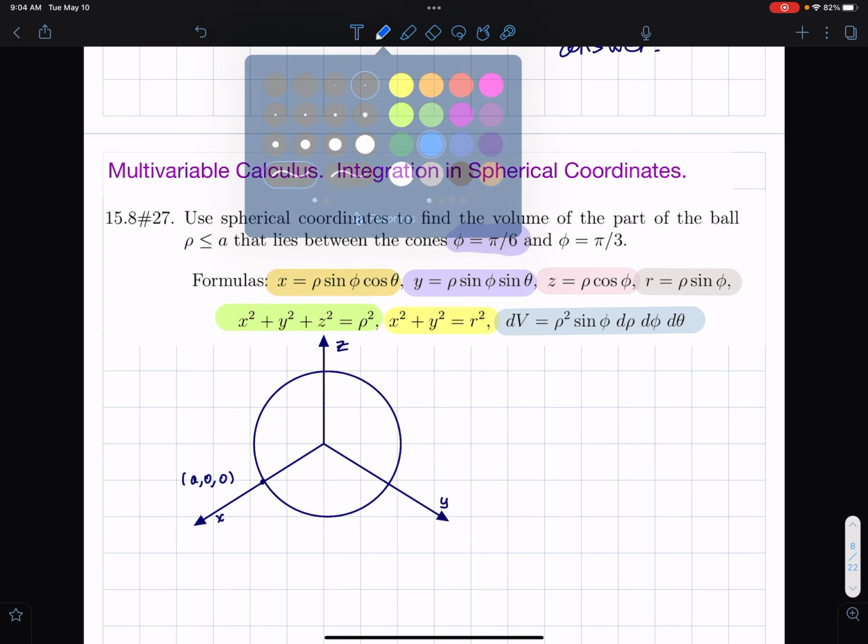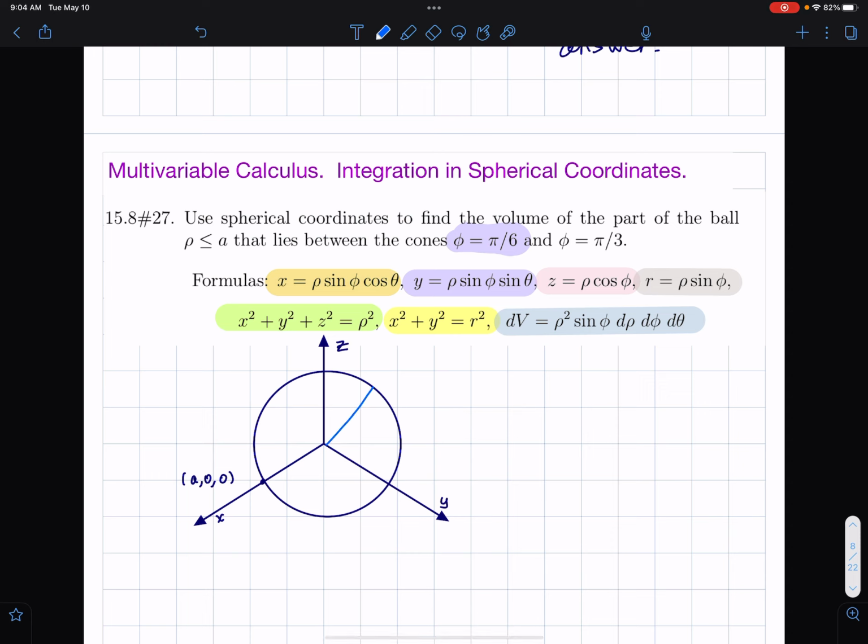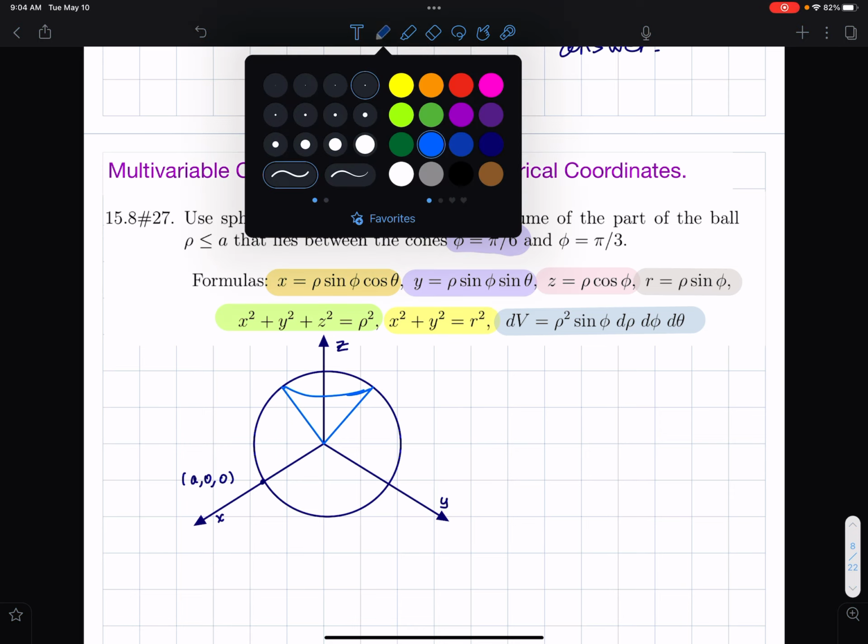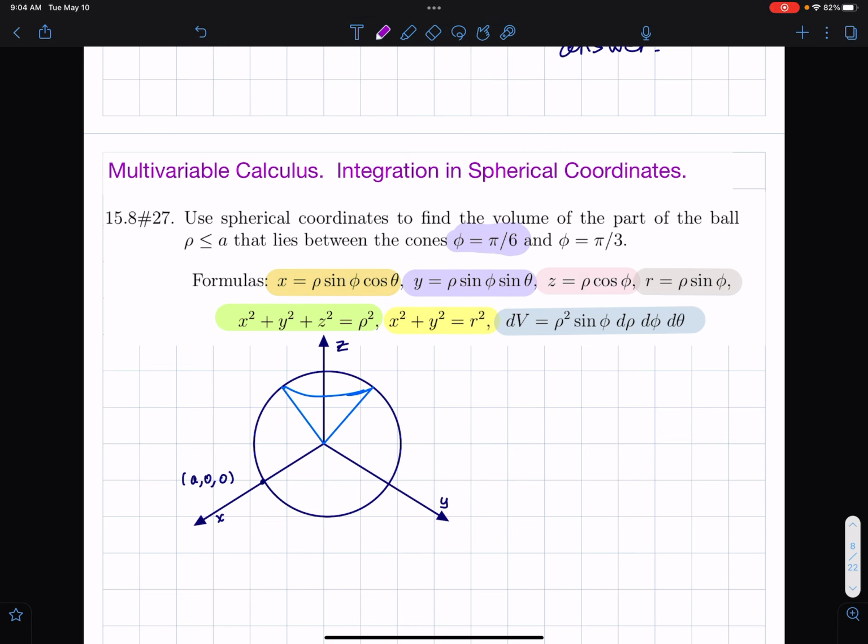Any questions about that? Speak up. Okay, so that's this cone. And then we have another one, pi over 3, which is 60 degrees, so it's down here or something.